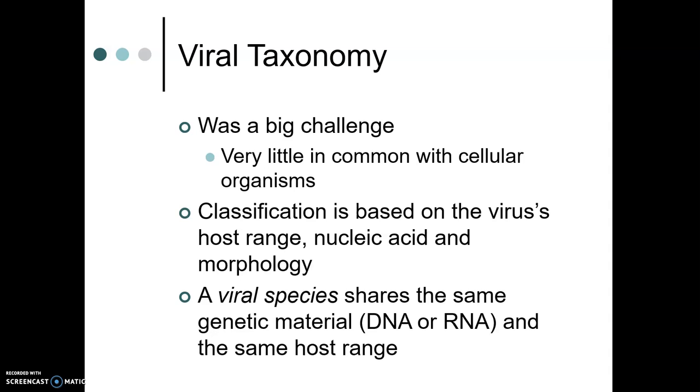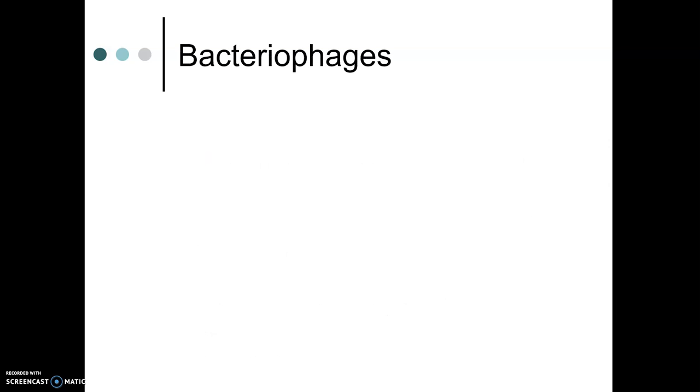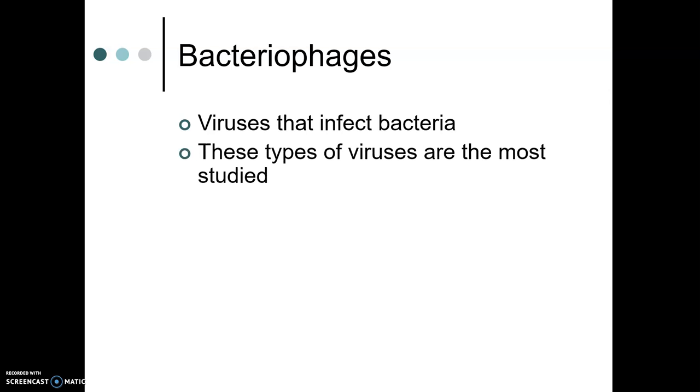Now, sometimes they try to give viruses a scientific name. They'll say, oh, this virus genus or this virus species, but it just does not work very well, unfortunately. So again, a bacteriophage is a virus that infects bacteria. They are the most studied type of virus, so we know the most about them.